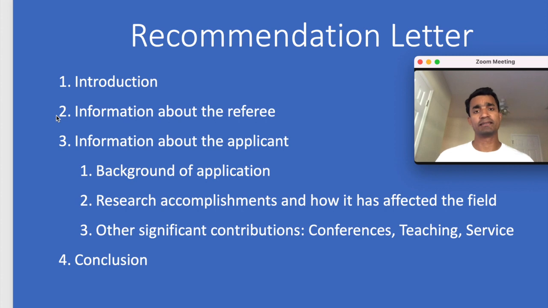And once that is established, then the bulk of the letter is going to be about the applicant, or you. In this part, they would provide information about your background, so how much they know about your background. Then they will provide information about your research accomplishments.